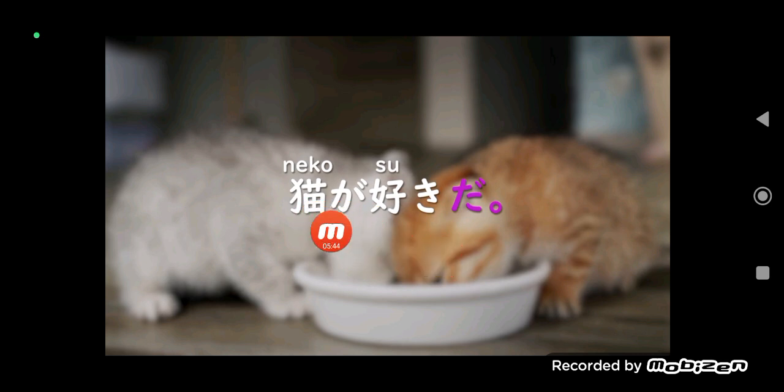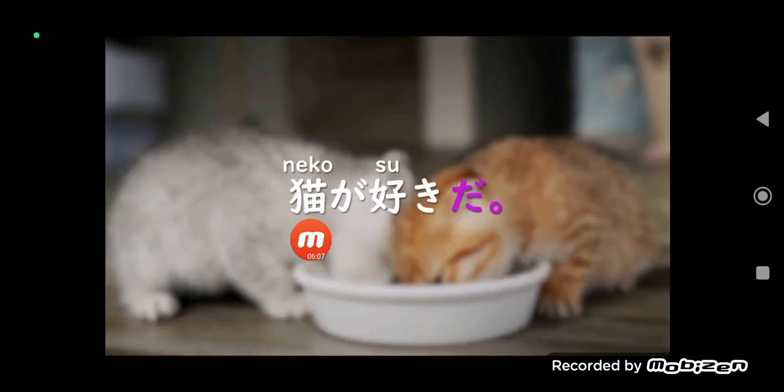Neko ga suki da. This means cats, or that cat, is likable. Neko ga suki da.